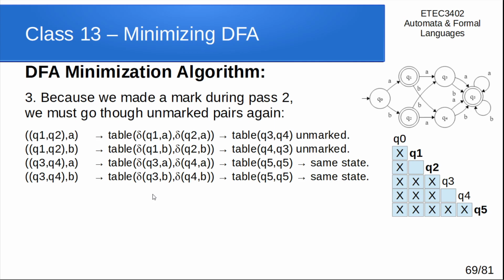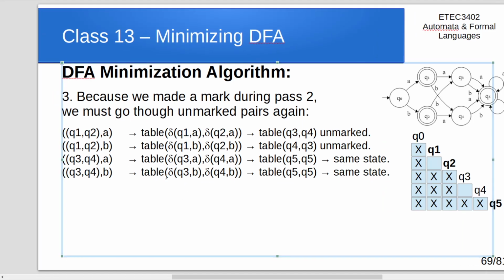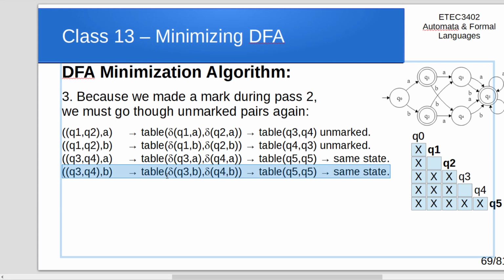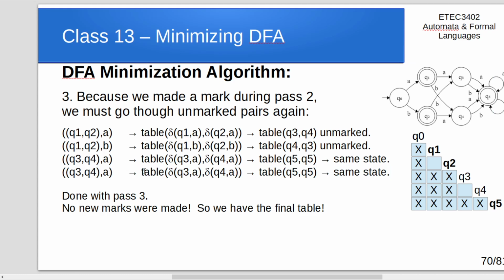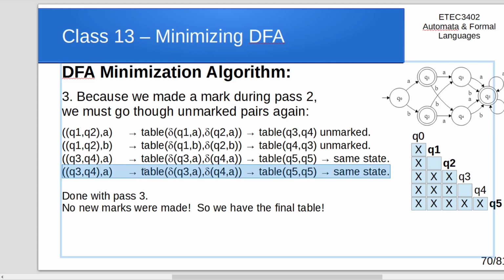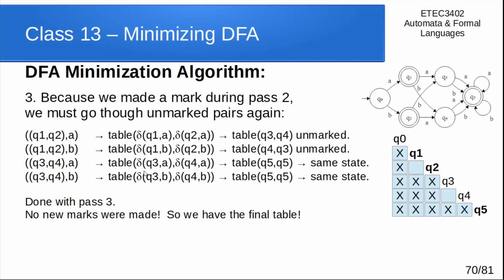Here, I know how I'm going to fix this. All right, so those are the same state. So we're done with pass 3. No new marks were made. And we now have the final table.